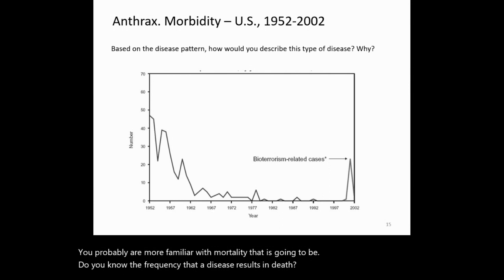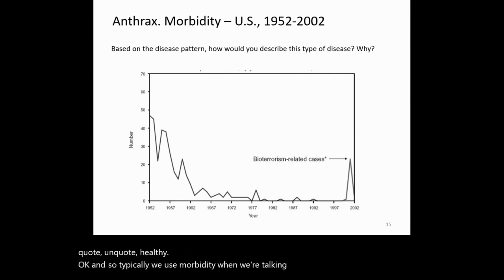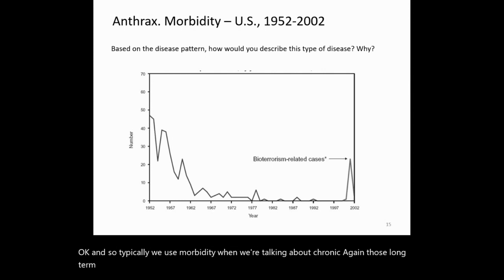Morbidity just refers to an illness or a disease. Okay, so basically any condition that isn't considered quote unquote healthy. Typically we use morbidity when we're talking about chronic, again, those long-term diseases. We can actually describe a person or a population with respect to morbidity.